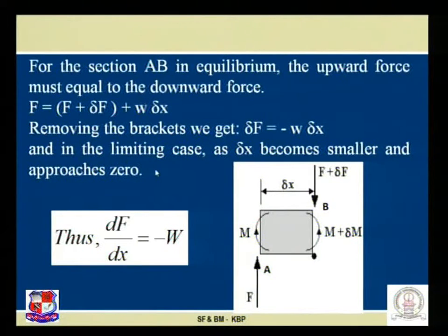Now, in the limiting case, as delta X becomes smaller and approaches 0, we achieve the relationship dF by dx is equal to minus W. Please remember these equations very well. dF by dx is equal to minus W.